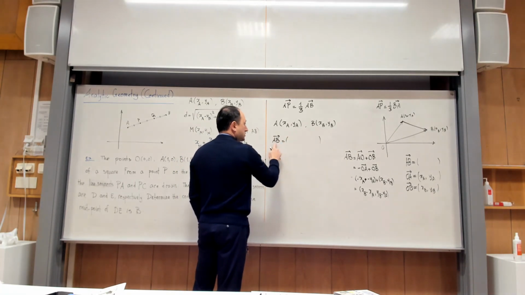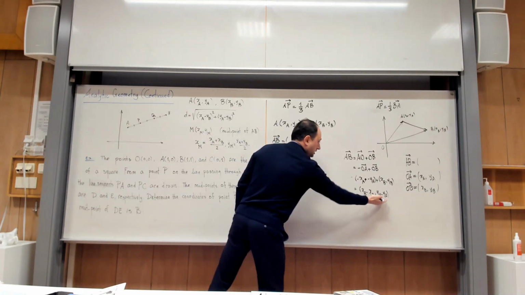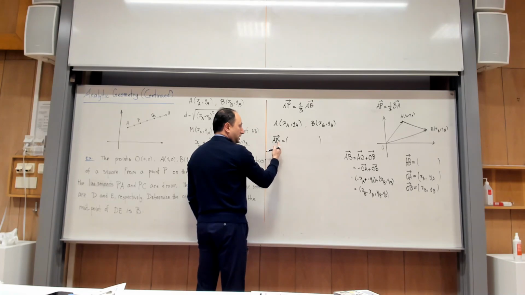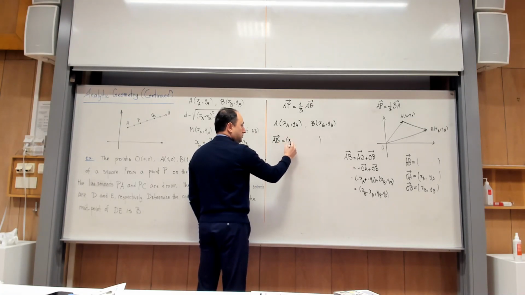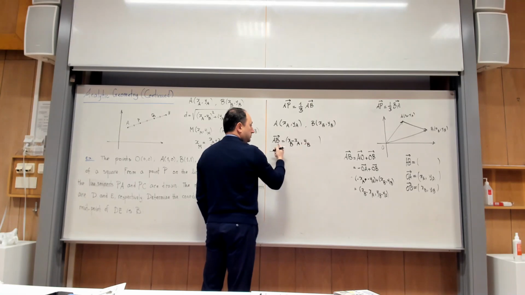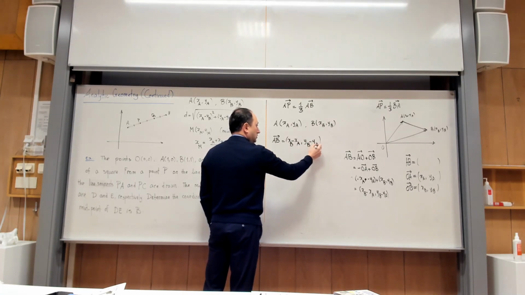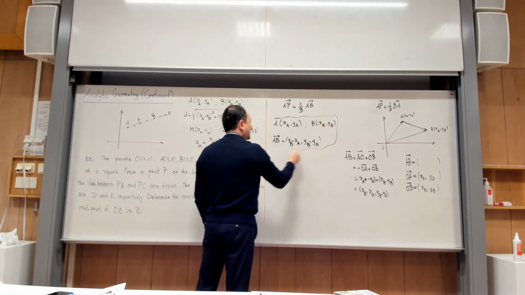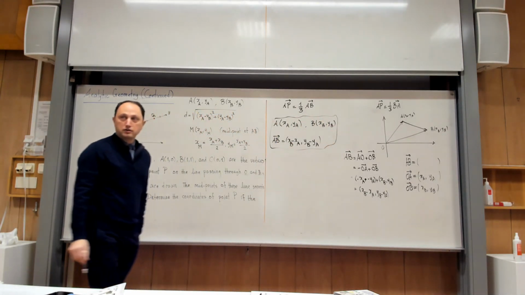What is the first component? According to the formula that I got, the first component of vector AB is the x-coordinate of the final point minus the x-coordinate of the initial point. And for the second, the y-coordinate of the final point minus the y-coordinate of the initial point. I really want you to write this somewhere and memorize it after understanding it.